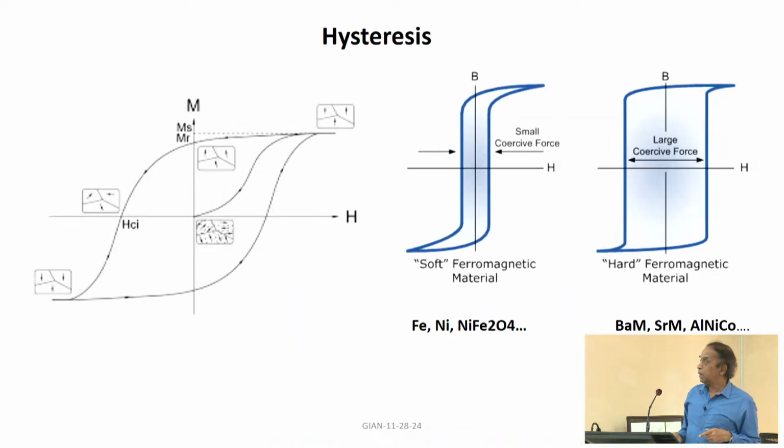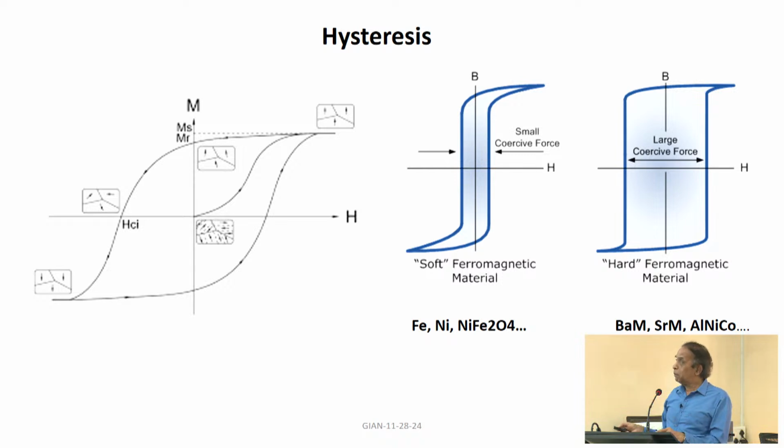Right. You are familiar with hysteresis. What really happens is, for example, if you load your sample in a vibrating sample magnetometer and you start increasing the static magnetic field. Initially when there is no field, the sample has domains with magnetic orientation in different directions.